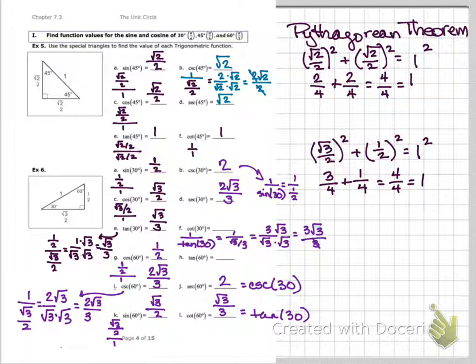We're going to cancel our 3's. And we get square root of 3. Guess I should have done all the answers in the same color and all the work in a different color. Cotangent of 30 is going to be exactly the same as the tangent of 60. We're using cofunctions, just like we did in 7.2.